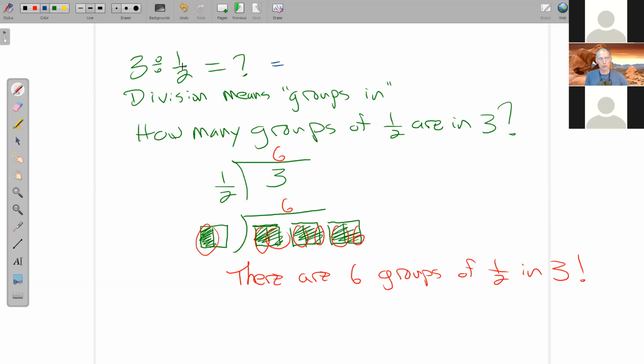According to the multiply by the reciprocal algorithm, 3 divided by 1/2 is the same thing as 3 times 2. 3 groups of 2, those groups of 2 are the halves, right? So here's a group of 2, here's a group of 2, here's another group of 2. There's my 3 groups of 2 down there. So it's just another way to think about how those fractions fit together, multiplying by the reciprocal.